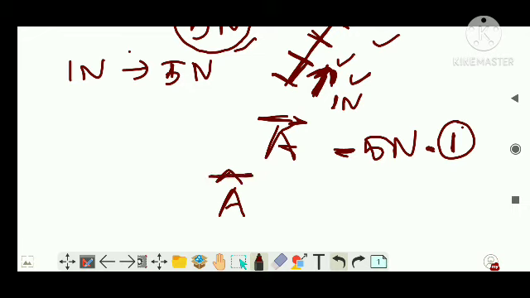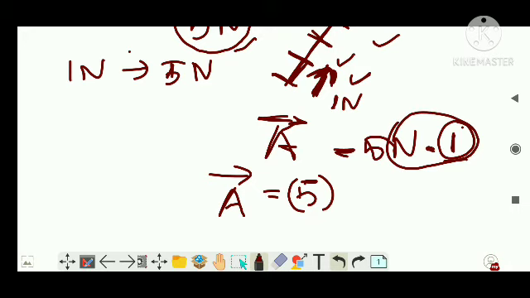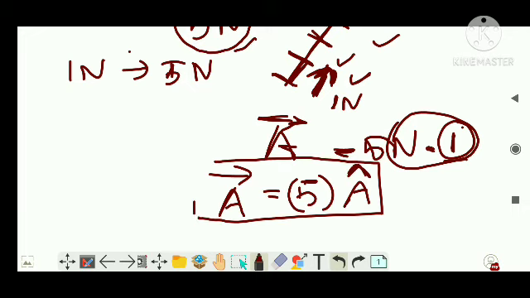So a vector is equal to 5 Newton, that is its magnitude, into 1, which I write as a cap. Clear? So any vector can be written as a product of magnitude and unit vector.